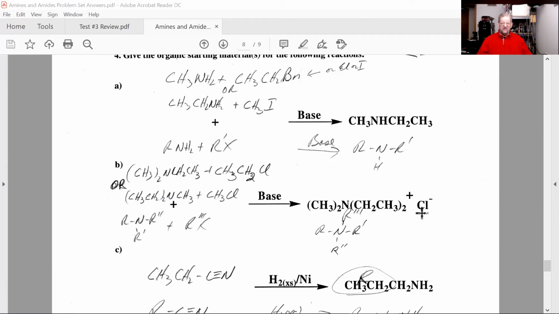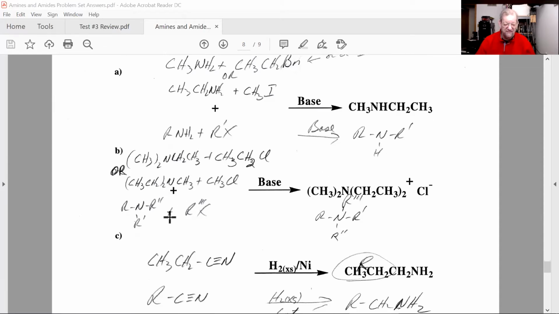In this case, X is chlorine. And therefore, I could call one of the methyl groups R triple prime, and the other one R double prime, and these two ethyl R prime and R, and it would be this. If I did it the other way and called one of the ethyl groups R triple prime, and the others R double prime, R prime and R, I would use this. Either way would be correct.